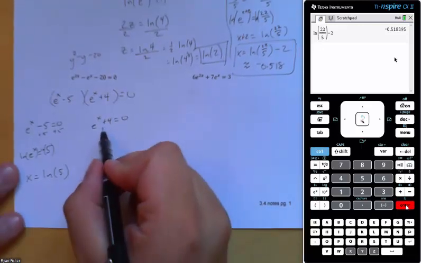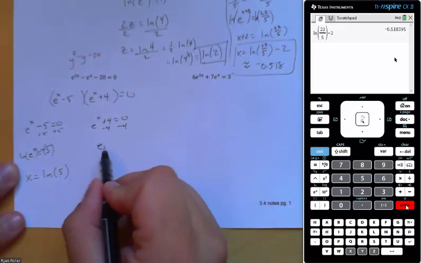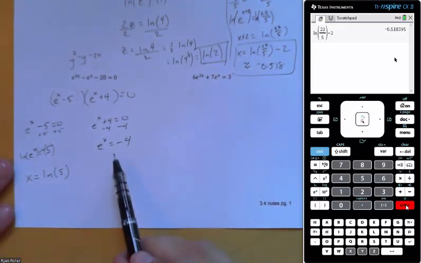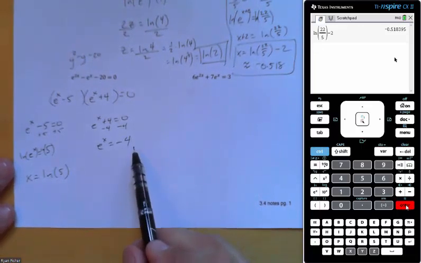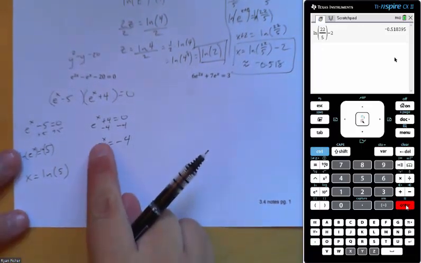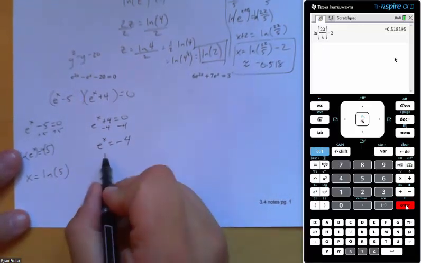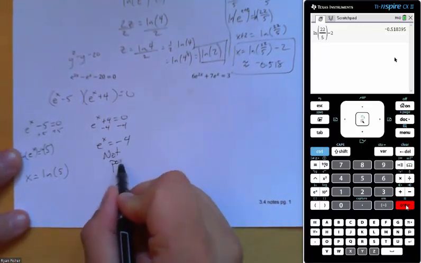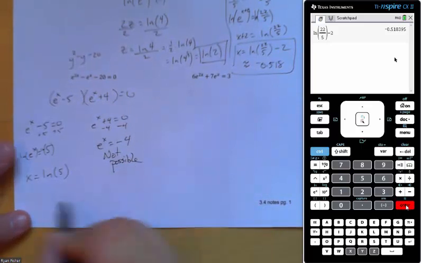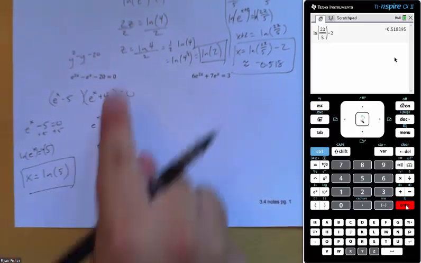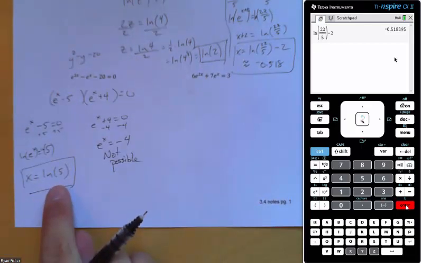Similarly, if I solve for this, I get e to the x equals minus 4. And I don't even need to type in natural log of negative 4 and get an error to know that it's not possible for a positive base to a power to be negative. So there's only one solution to this equation, and it's x is the natural log of 5.